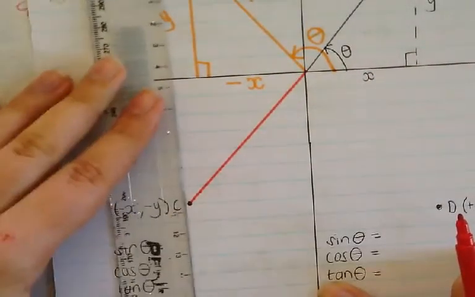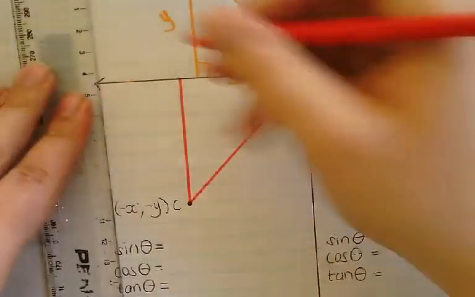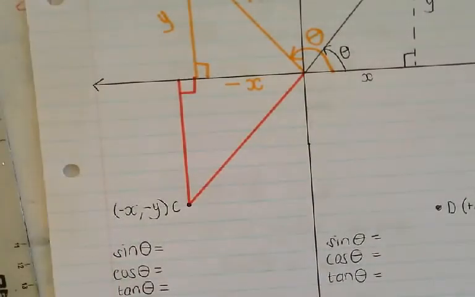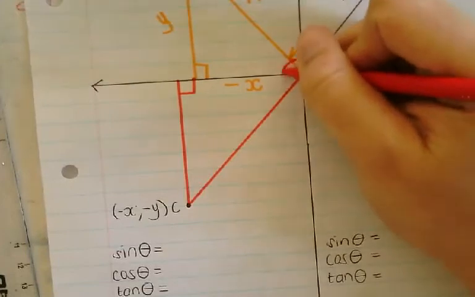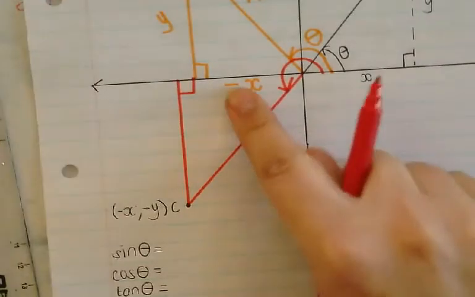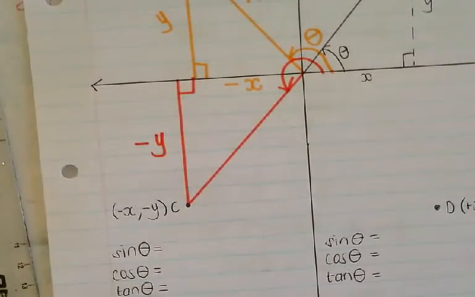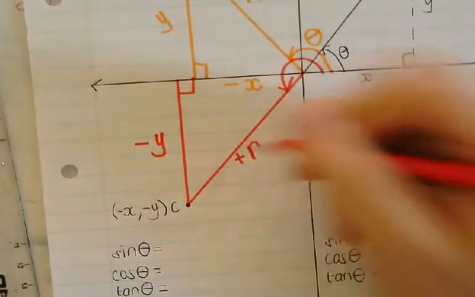Once again, I always connect it to the x axis for my 90 degree. And my theta still starts at the positive all the way until it meets my hypotenuse. Still have negative x, negative y. Squaring both of those would mean that r has to be positive.